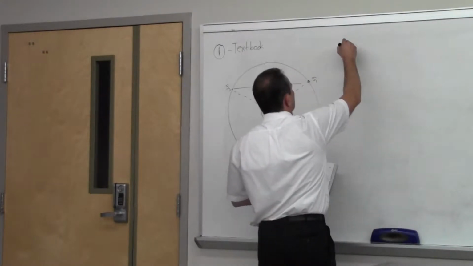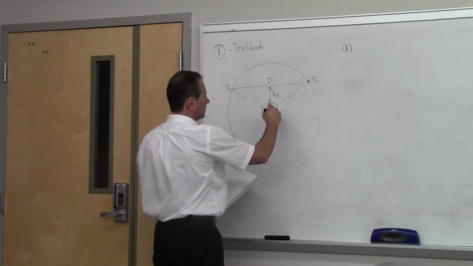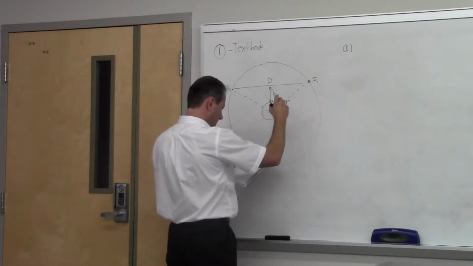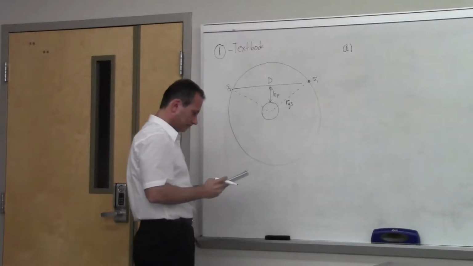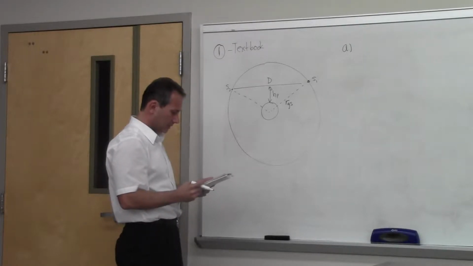So how do we calculate d? Just a little bit of geometry. This is our R_GS. It's essentially the radius of the geostationary orbit.